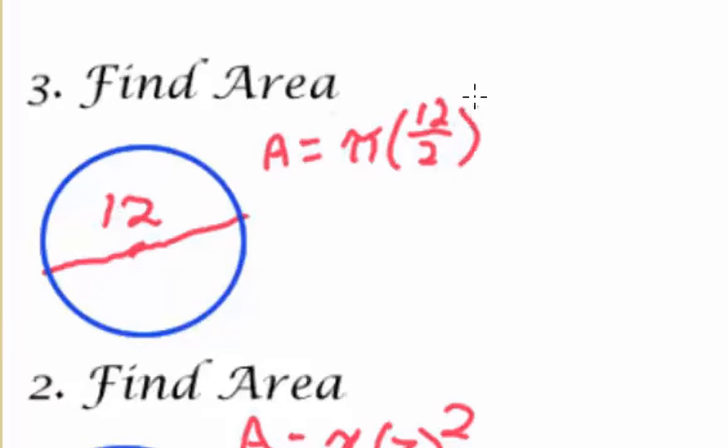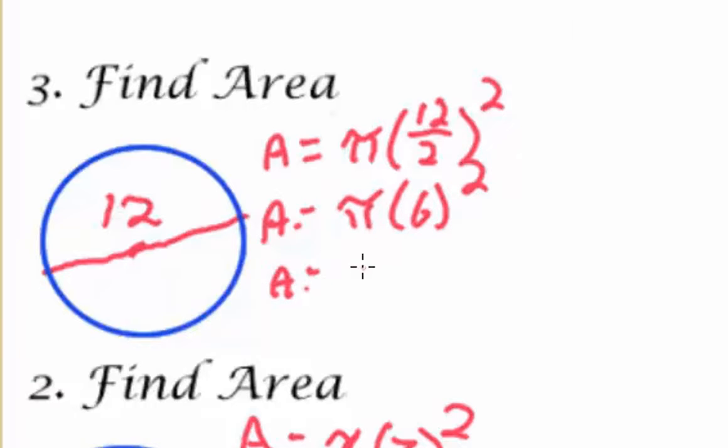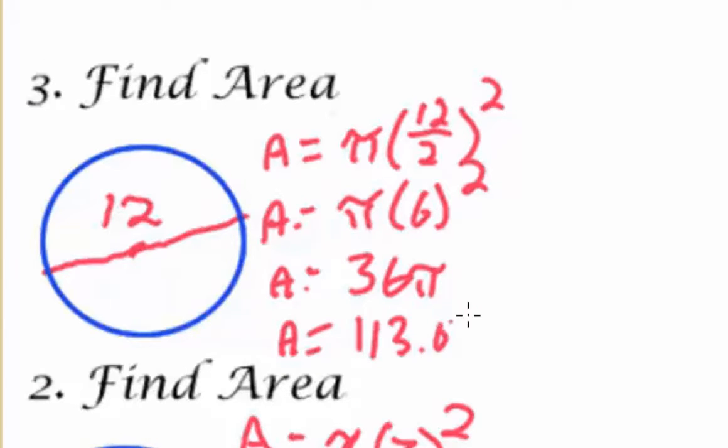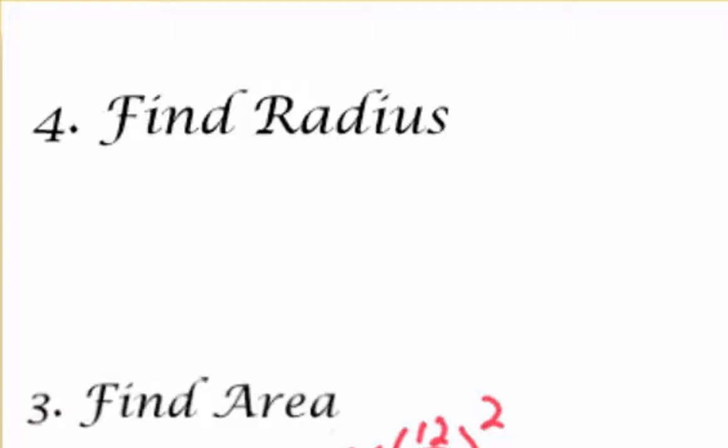So the area equals pi 6 squared. Area equals 36 pi. And when I put 36 pi into a calculator, I get an answer of 113.04.